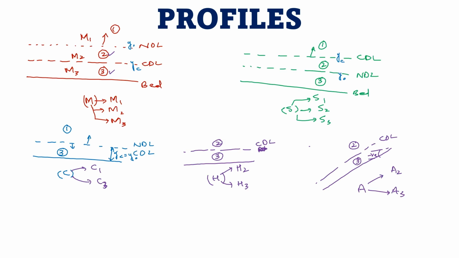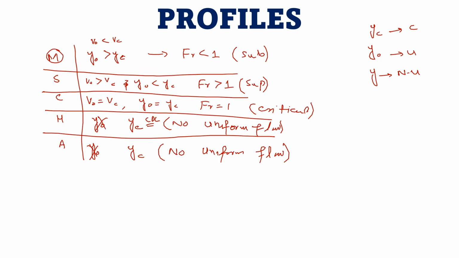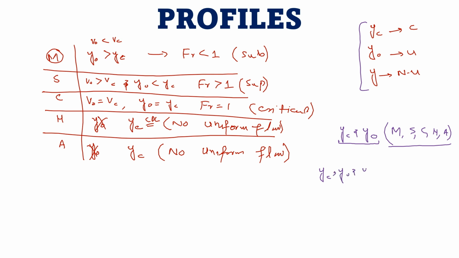How can we deduce that the profile may be M1, M2 or M3? For this, we will need to compare these three depths. By comparing YC and Y naught, they will decide the main category of the profile: M, S, C, H, and A. When YC and Y naught have decided the main category of the profile, then we'll compare YC, Y naught, and Y to check the subcategory.